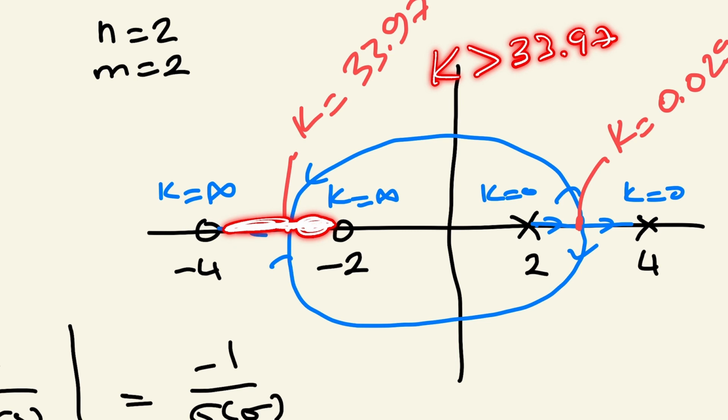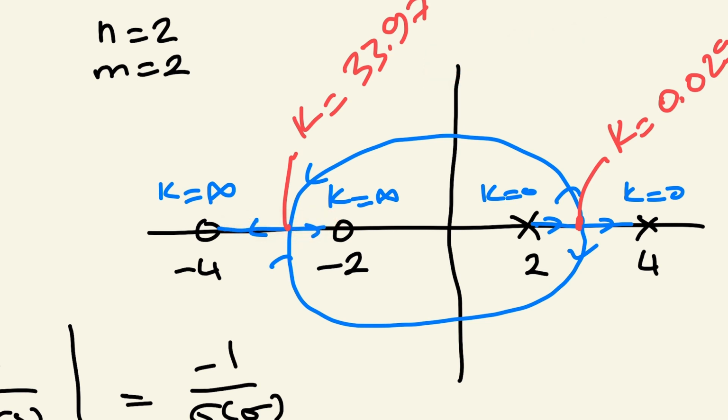And since they don't have any imaginary component, your closed-loop system will not oscillate, right? If you choose your gain k slightly less than 33.97, let's say 25, one closed-loop pole is here, the other one is here, your system will be underdamped because of these imaginary values, and your system will oscillate.